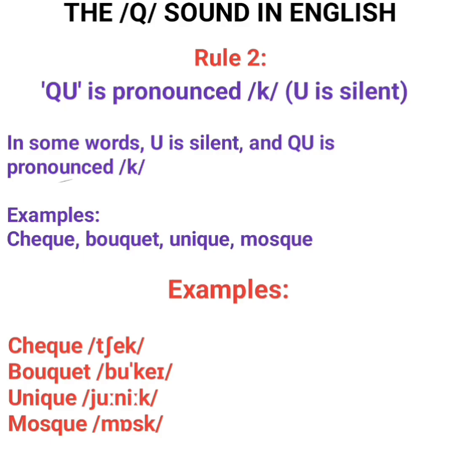For instance, in check, unique, mosque, have you seen that in these words, QU are paired together, both of them appear together, but only Q is pronounced while U is silent. So it is possible like that.